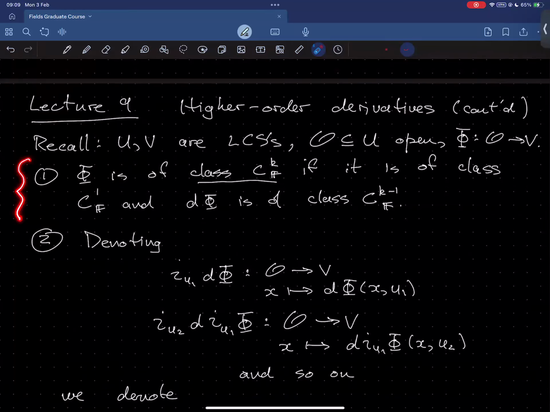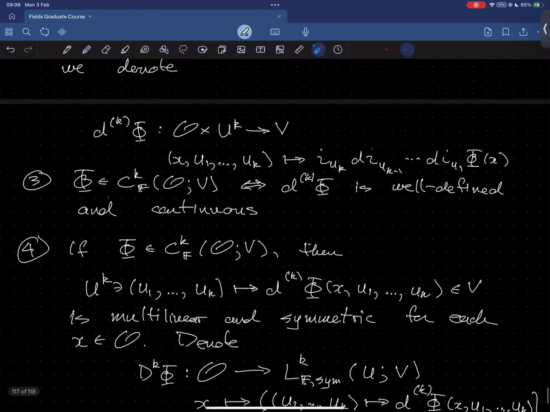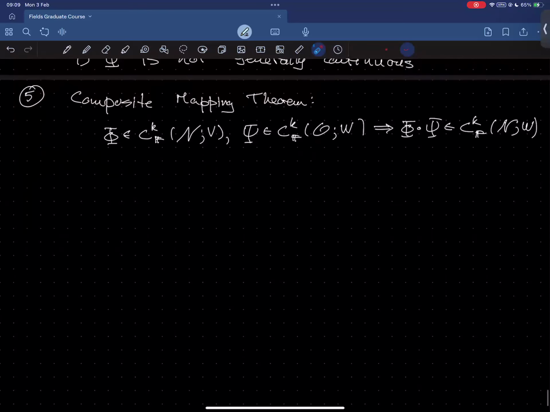What we did by induction is prove that d of psi composed with phi, the composition whose derivative we were interested in, for which we had an explicit formula, and so we were able to prove by induction that if psi and phi are of class C^k, then so is their composition. So it was a good illustration of this definition. Okay, good. So carrying on.